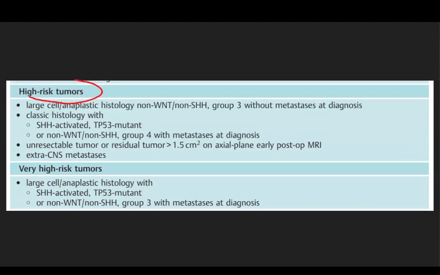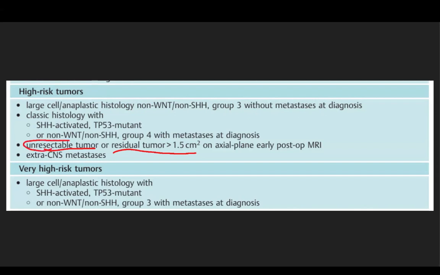So these are the high-risk tumors. Large cell anaplastic histology. This guy here is a big red flag. Then we have group 3 tumors without METs, or classic histology, sonic hedgehog, TP53 mutants, or group 4 with METs. Or probably the more important ones that were not in that table, if the tumor is unresectable, or if the residual tumor is more than 1.5 centimeters square.